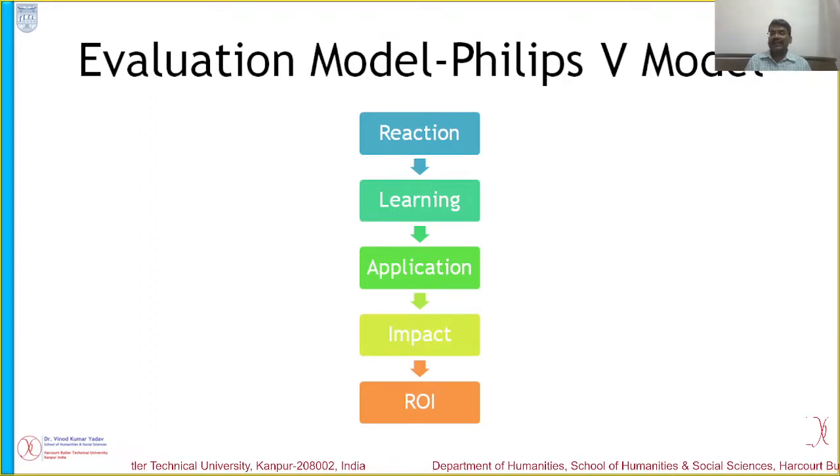It is not that this evaluation simply says that if you invest 100 crore and you don't get 100 crore back, your training module is not successful. It is not that kind of thing, because training, evaluation and performance is a continuous system.